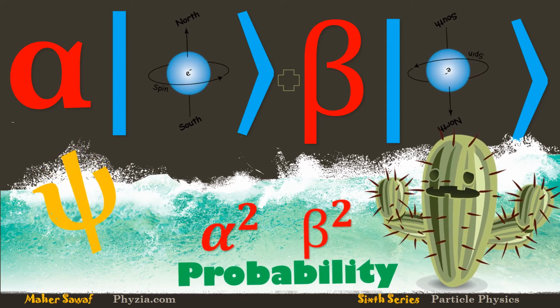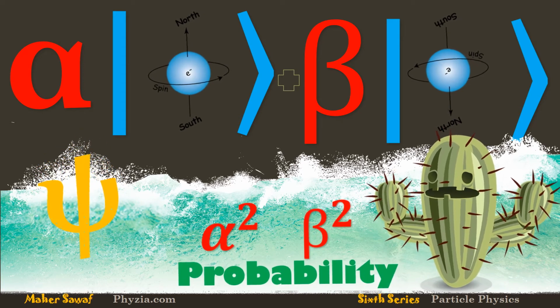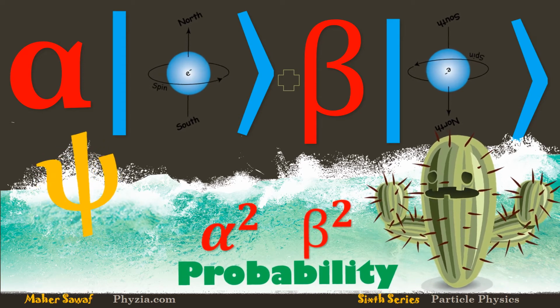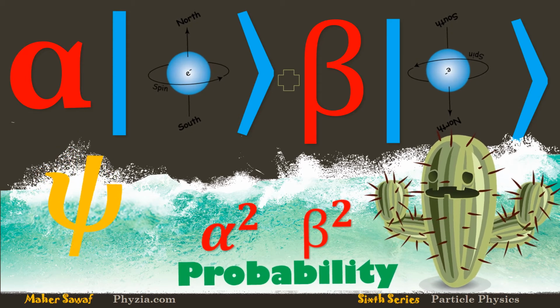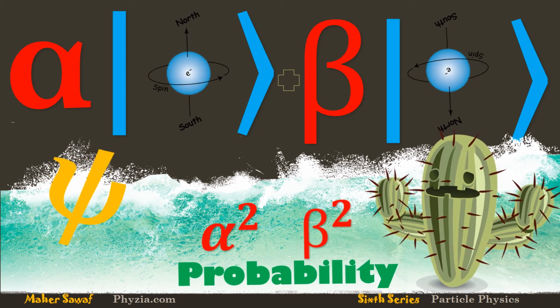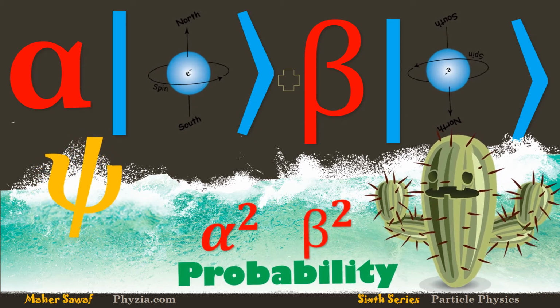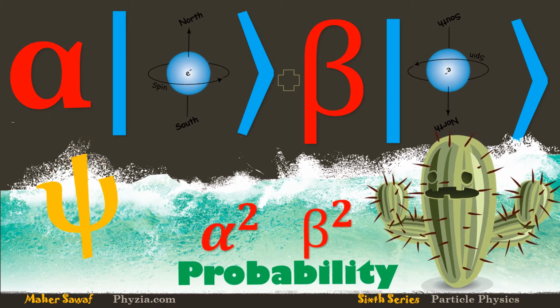In that case, alpha and alpha conjugate represent part of all the possible outcomes. And alpha multiplied by alpha conjugate, we can represent this process by just squaring the complex number and finding the square of the length of that complex number.